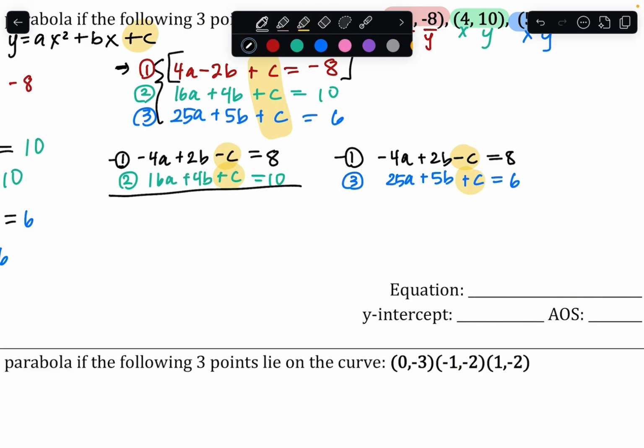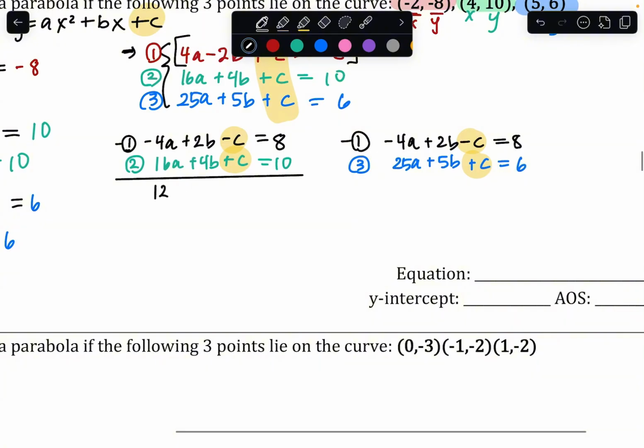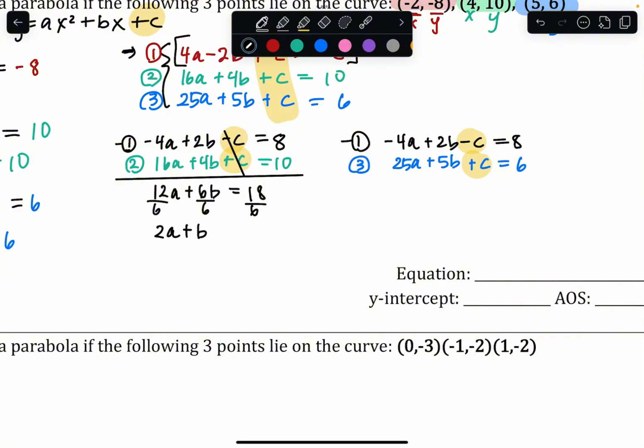And so in my first setup, I get 12a plus 6b, c's cancel, equals 18. All of those are divisible by 6, so I'm going to simplify: 2a plus b equals 3. That's going to be my equation 4.